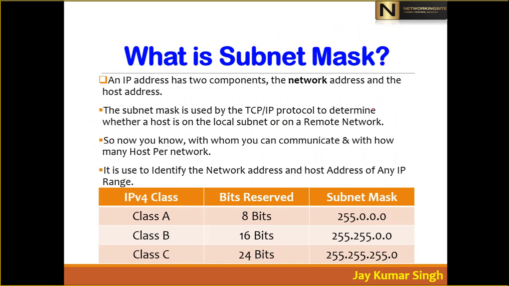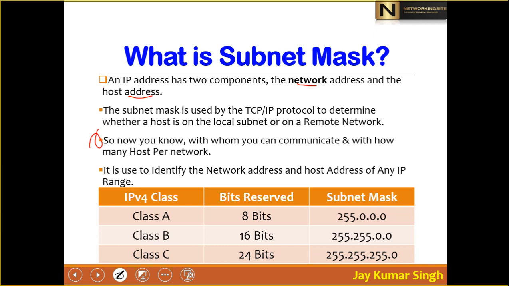Now here someone will ask, what is subnet mask? As you know, an IP address has two components, network address and host address. The subnet mask helps you find which network and which class I belong to.